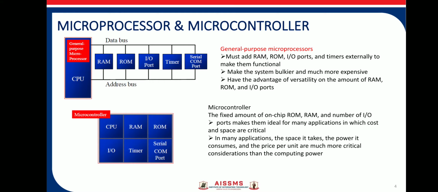The CPU and these peripherals are connected via the data bus and the address bus. This makes the system bulkier and much more expensive. But the microprocessor has the advantage of versatility in the amount of RAM, ROM and IO ports.